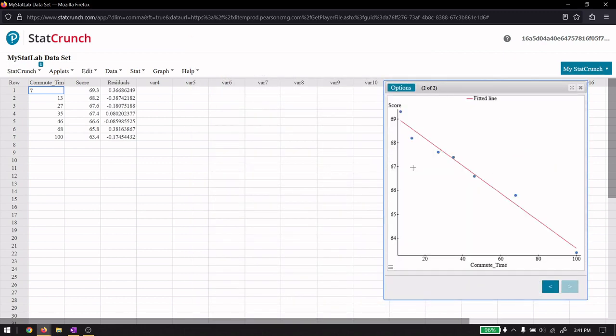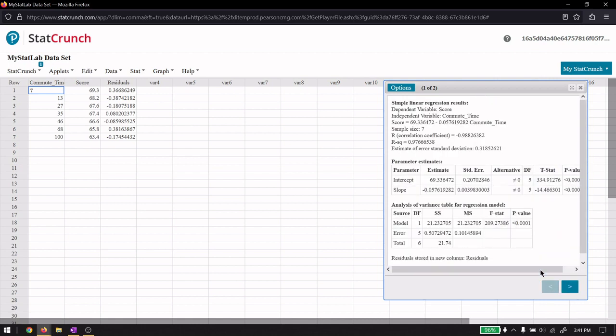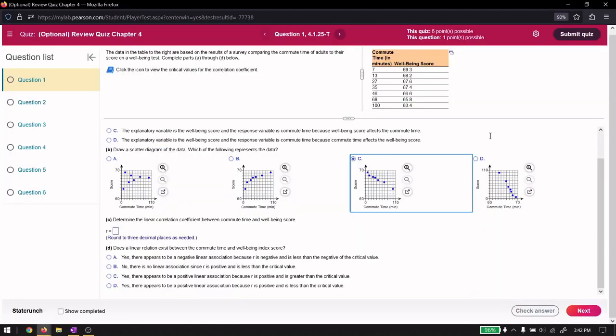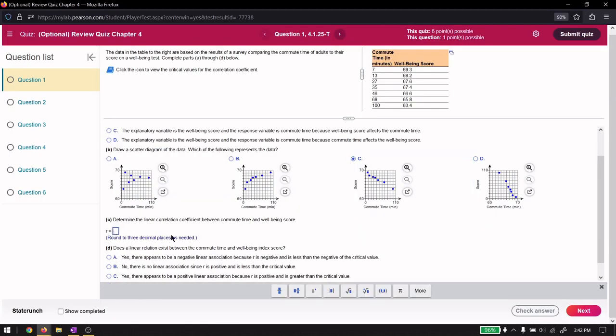On the second page, you can see what the computer thinks the line of best fit will be. And going back here, we can see that it has the correlation coefficient already calculated for us right there. So we don't have to do any calculations by hand. Negative 0.9882. Rounded to 3 places, negative 0.988.